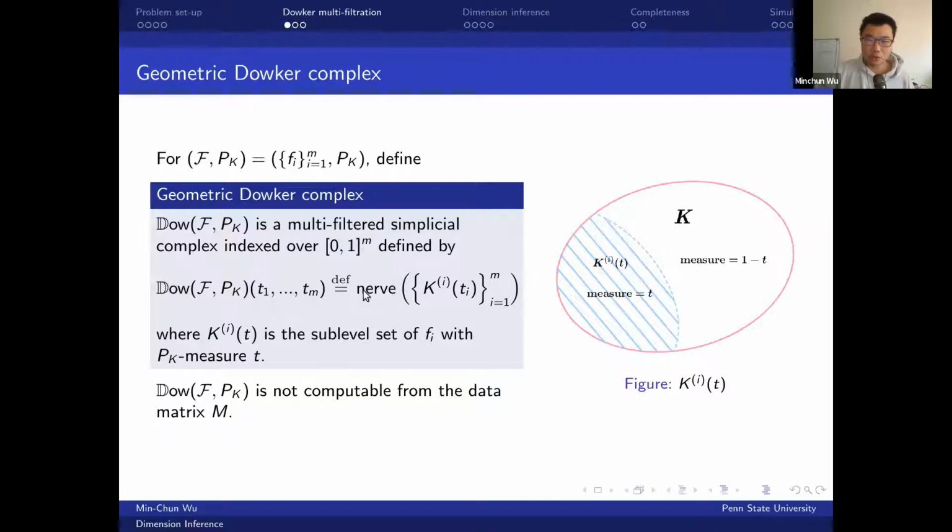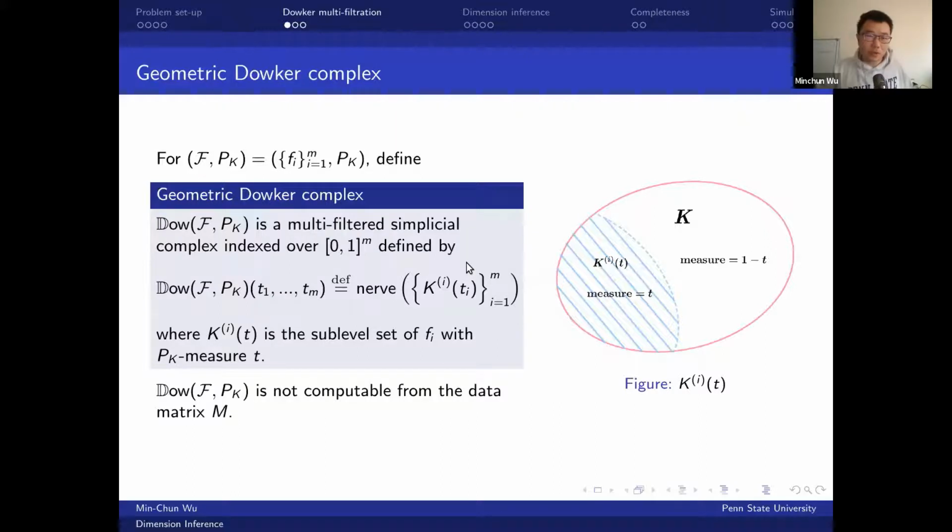For different functions, we index over t_1 to t_n and collect the K_i^{t_i}, which are the sublevel sets of f_i having measure t_i. Using this collection, we construct the nerve. We call it the geometric Dowker complex at this index. This is a multi-filtration over [0,1]^n. But one thing to notice is that this is not computable from the data matrix, because you see there's no matrix in here. We just use the underlying mechanism to construct the geometric Dowker complex.